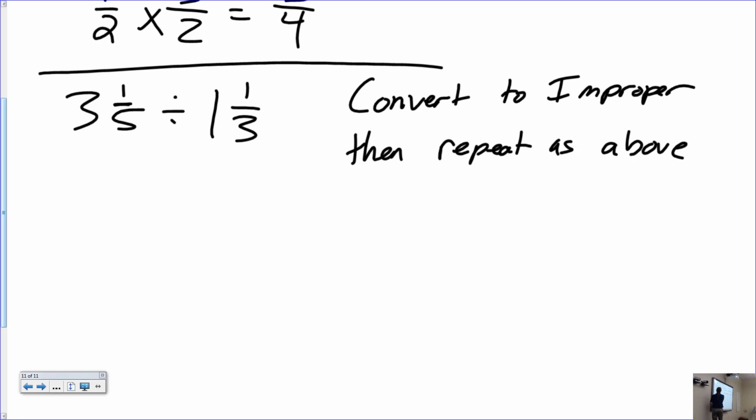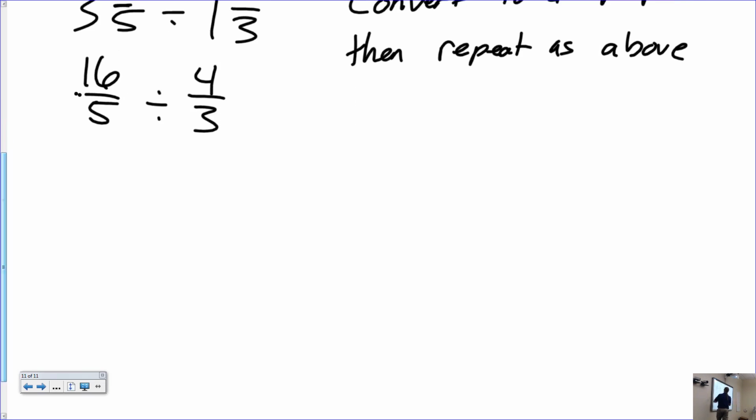So you will tell me that this is 16/5 divided by 4/3. Once you get them improper, now do the flip and multiply trick. 16/5 times 3/4. And now that you've got them written as a nice straight improper times improper, just multiply across.